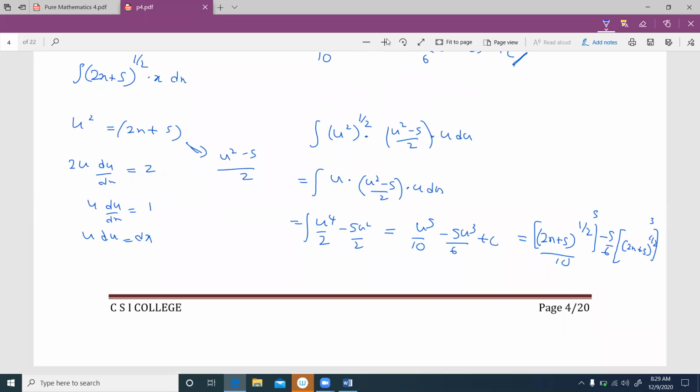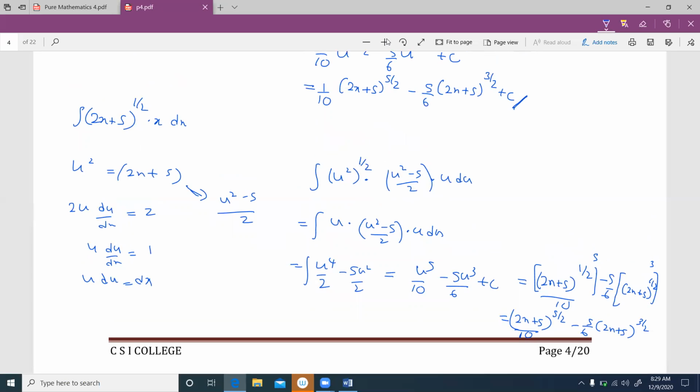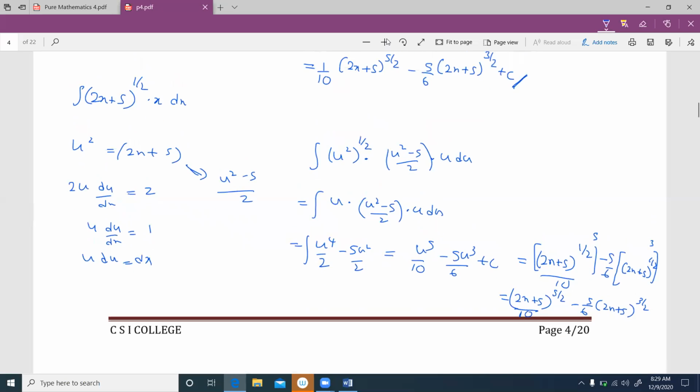So this answer is (2x plus 5) to the power 5 over 2, over 10, minus 5 over 6, (2x plus 5) to the power 3 over 2. Like that it comes. It's the same question and the same answer. So whatever the substitution, but this is not applicable for all the questions.